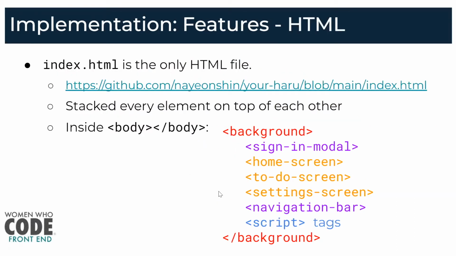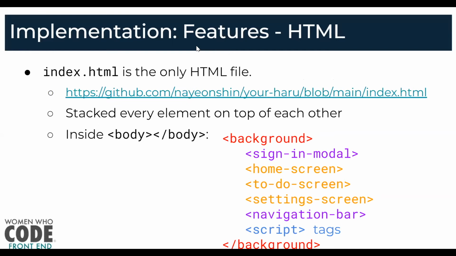So basically, index HTML is the only HTML file. If you go to this link, I'm going to put this in the chat. You can see I basically stacked every element on top of each other.